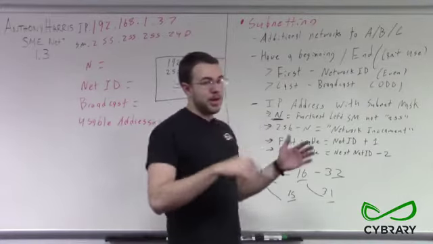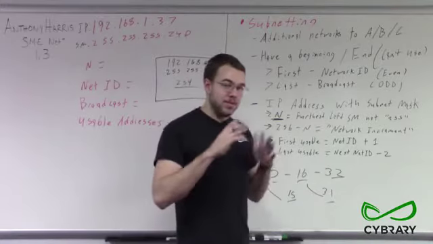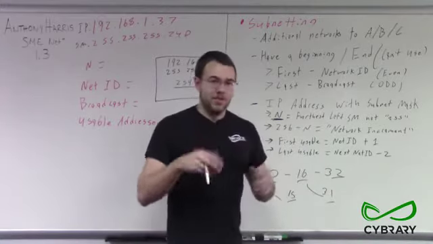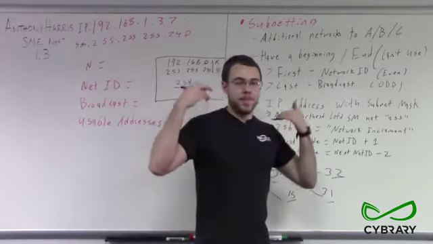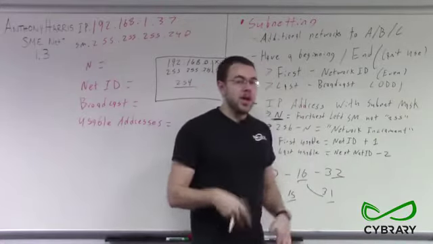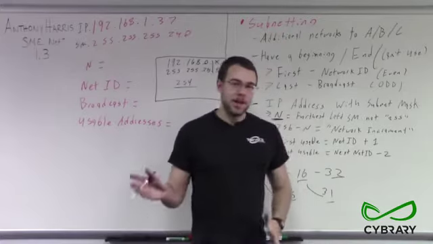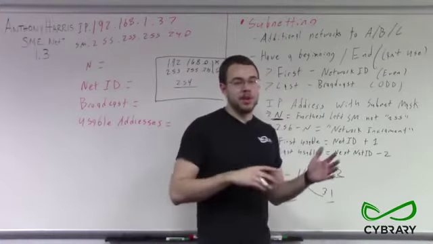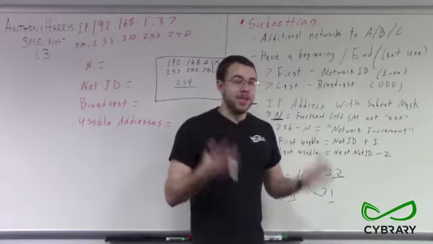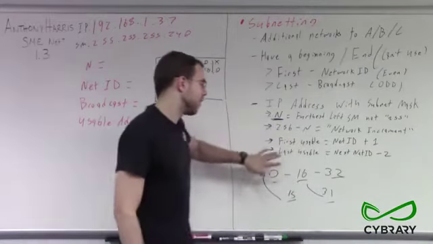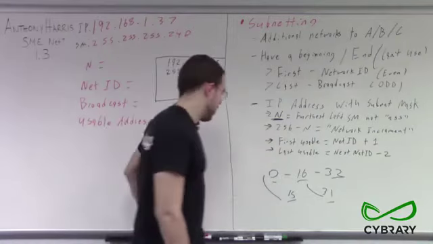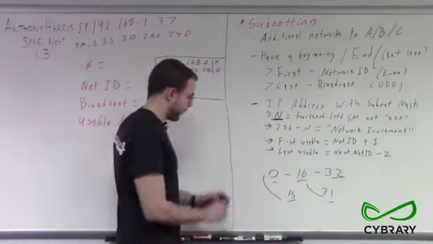We're going to talk about this in the same segment, but after the little break that we'll have, and we'll actually discuss taking the binary and finding out how many subnets and how many hosts a particular subnet can have. We're going to dive more in depth with that later, but right now we're just going to stick with the basics. We're not going to break out the binary just yet.